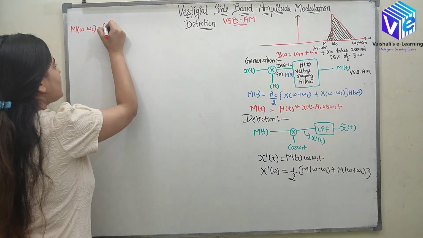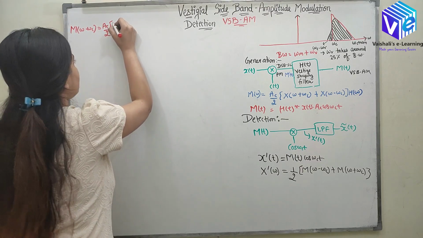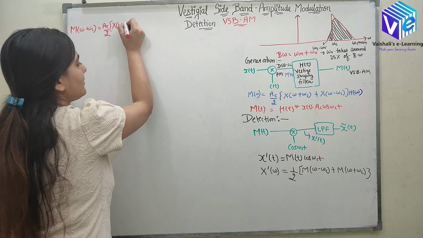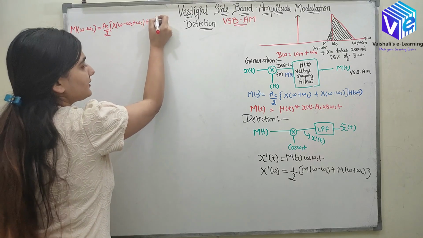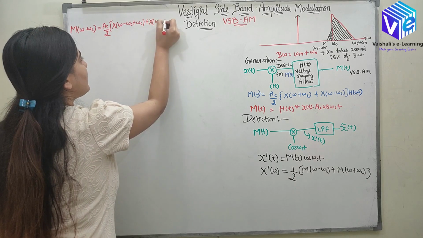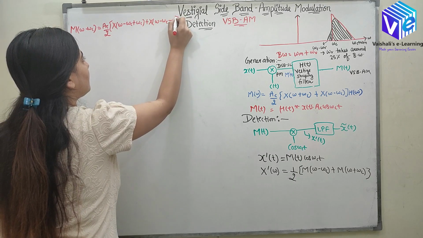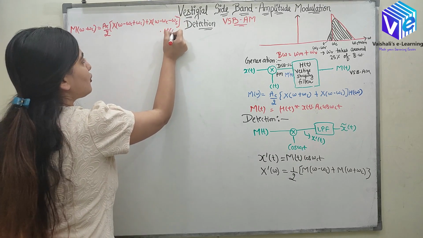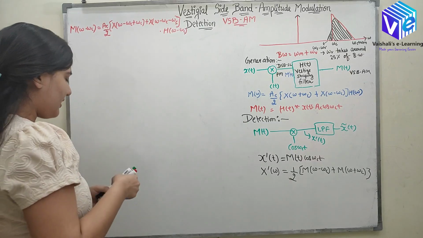It would be Ac/2, and instead of ω, I just put ω−ωc. So it would be X(ω−ωc+ωc) plus X(ω−ωc−ωc), multiplied with H(ω−ωc).